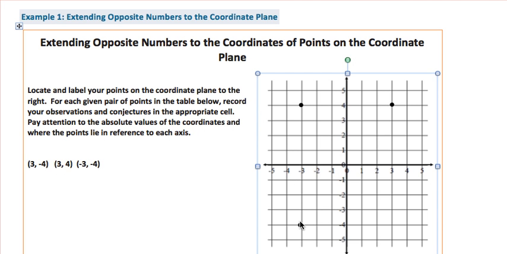See, like a mirror. Or we could also say that it is reflecting across the origin from our first point. See what we're saying?